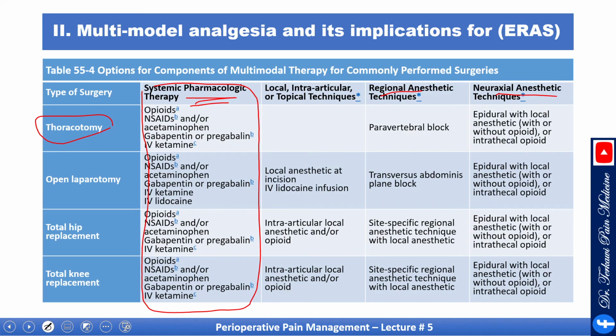Now, when it comes to regional, this is continuously evolving. So paravertebral block, nowadays we have the ESP. I will cover that in the regional anesthesia, regional analgesia lecture. But you get the point. And this is continuously evolving, especially regional analgesia.